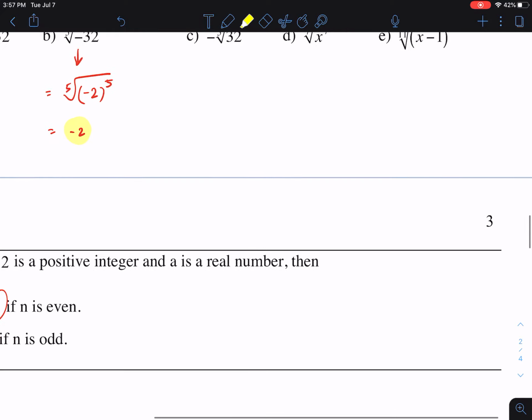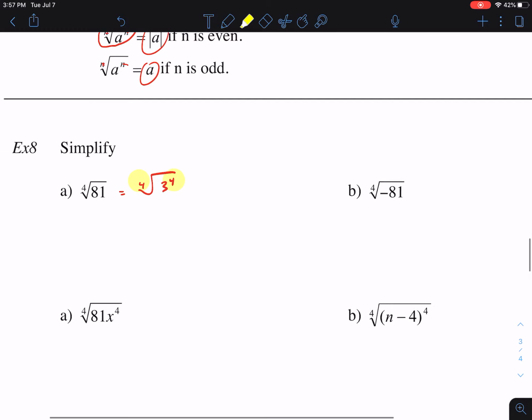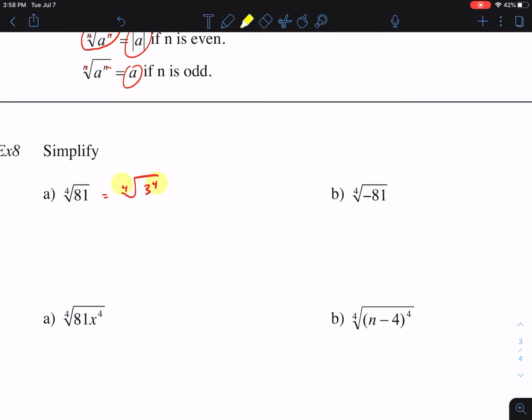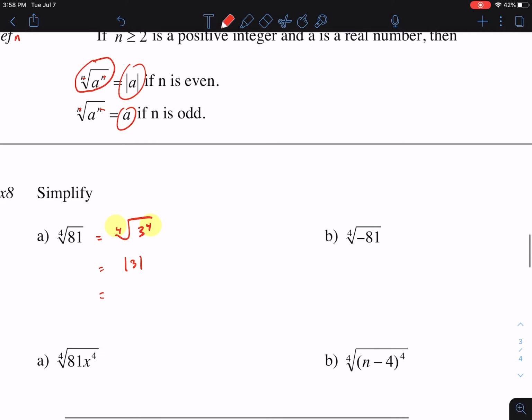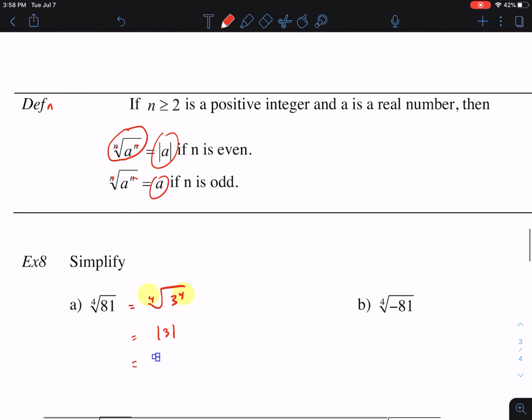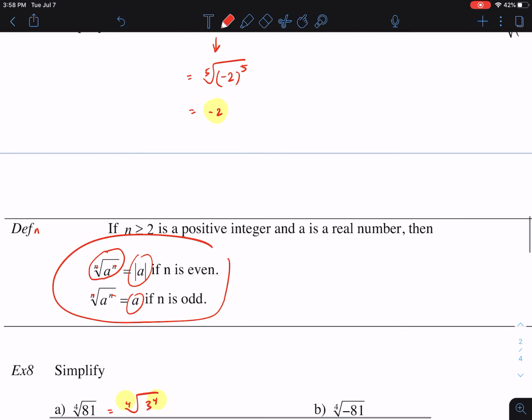Versus this one here, if we rewrite this as 3 to the 4th, if n is even, we want that to become the absolute value of 3, but in this case it's already positive, so we just need to write 3 there. So this is the rule that helps simplify anything in this form.